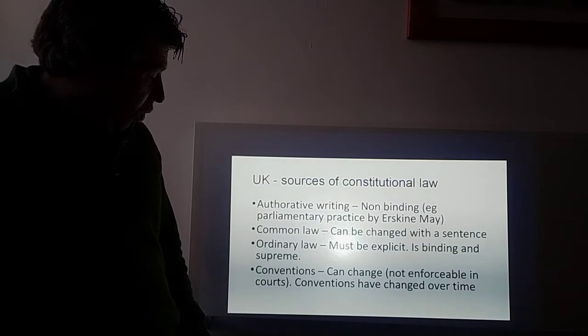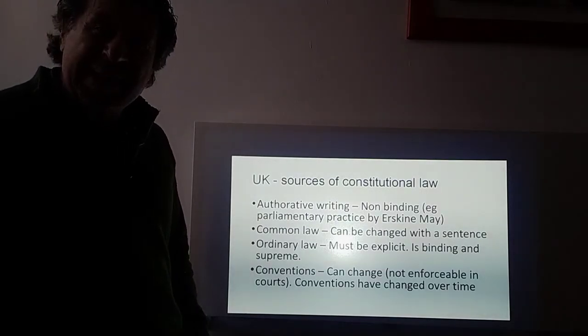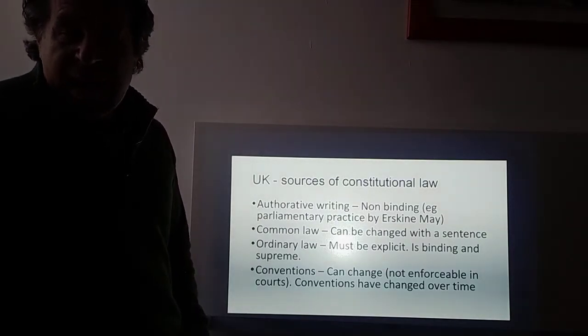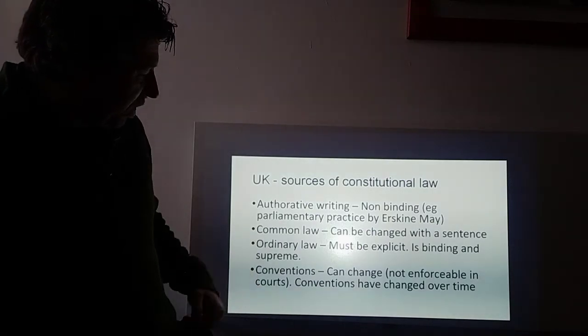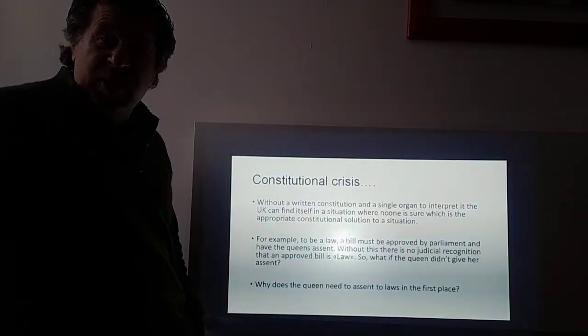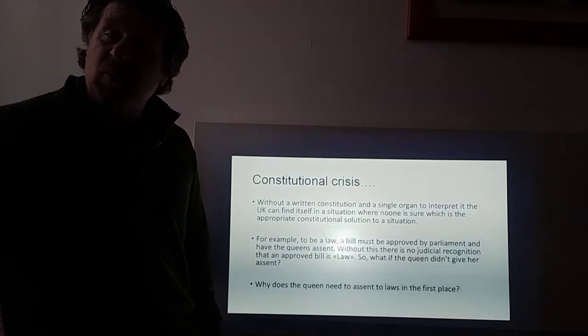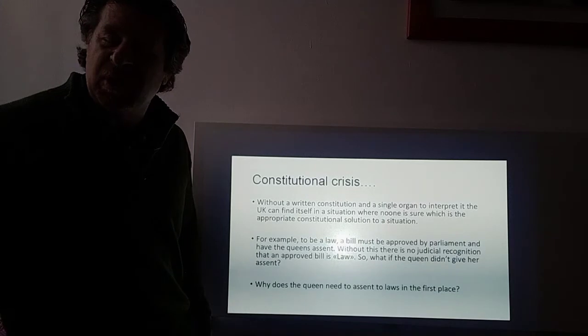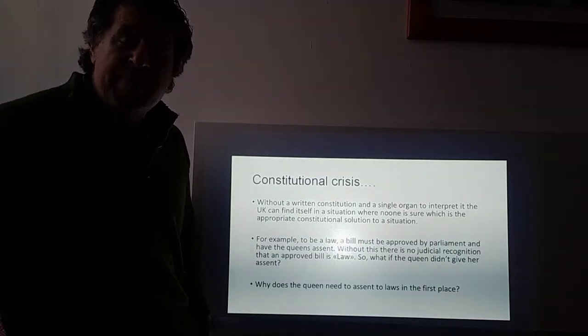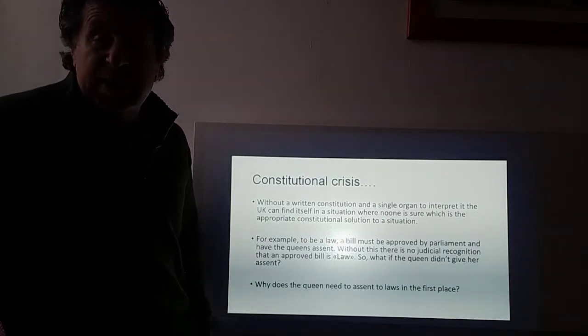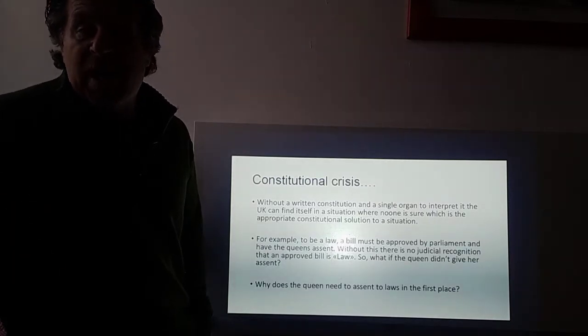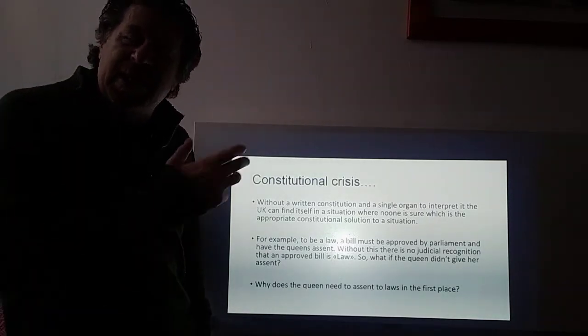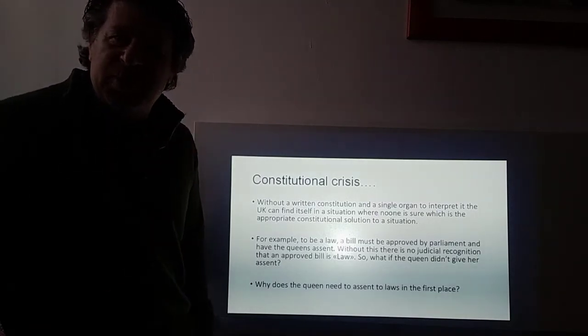The fact that the Queen must assent to the law, that could change. That's just a convention. What would happen if we have a situation where we're not sure what the constitution is, because not much is said and it's not binding anyway. Maybe some experts would say the government must do this, and then other experts say no, the government must do that.